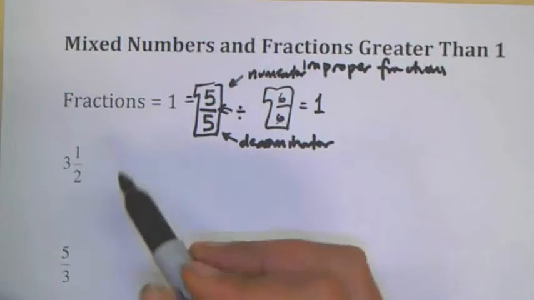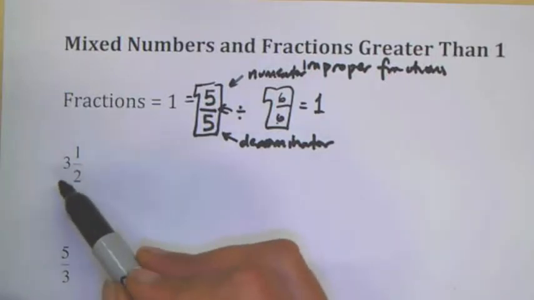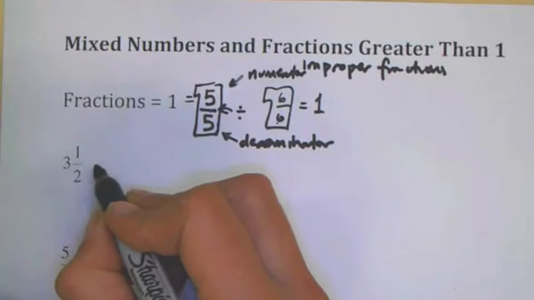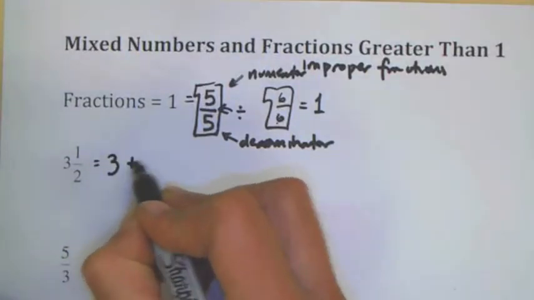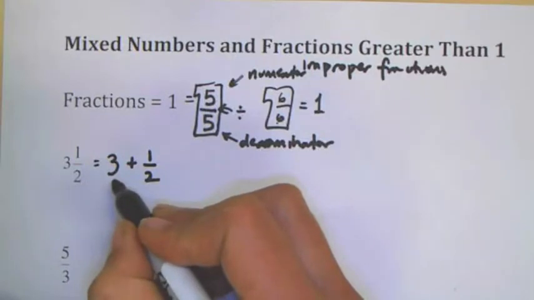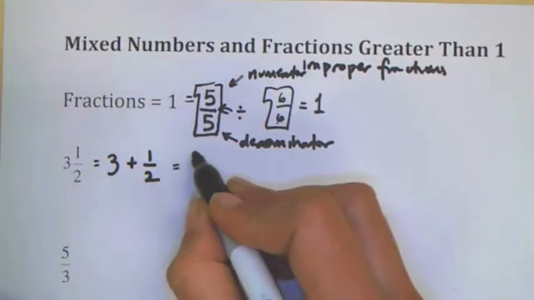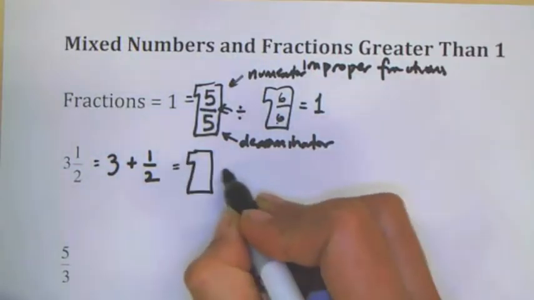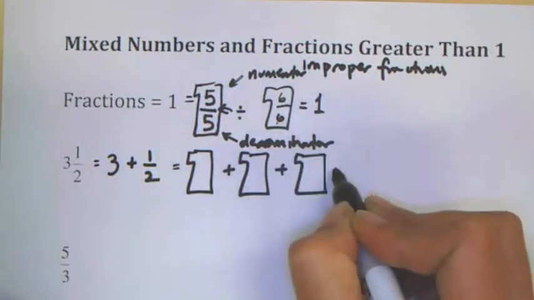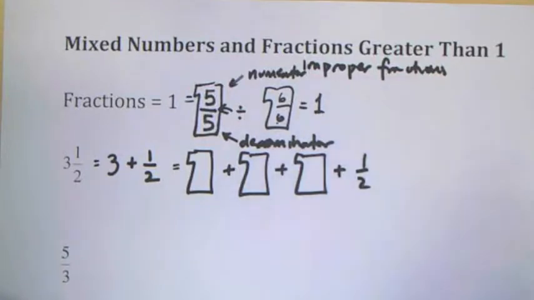So the first thing is we're going to talk about mixed numbers. And why is it called a mixed number? Because it's a mix of a whole number and a fraction. Now, going back to how you say the word, you would say this as 3 and 1/2. So what I'm doing is I'm taking 3 wholes, and 1/2.